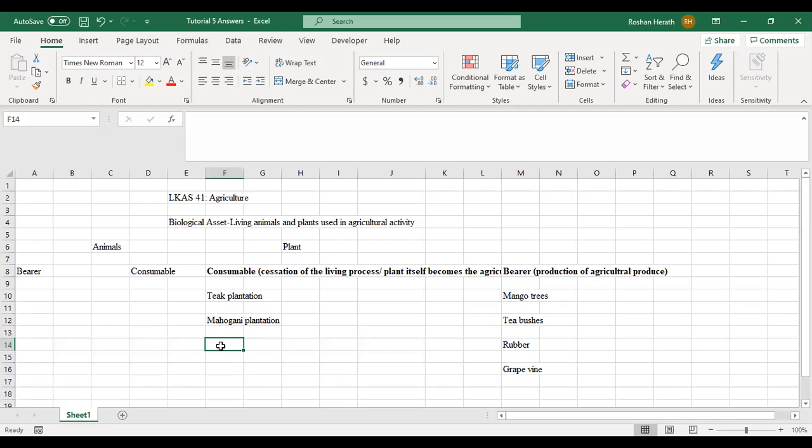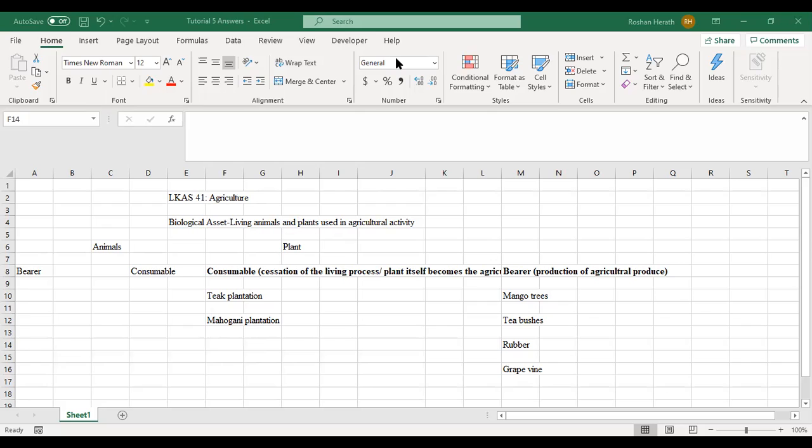Since it has a very short lifetime, usually they do not qualify as agricultural produce, but instead they may simply be considered inventory most of the time. So there you do not recognize that as an asset most of the time, the paddy.